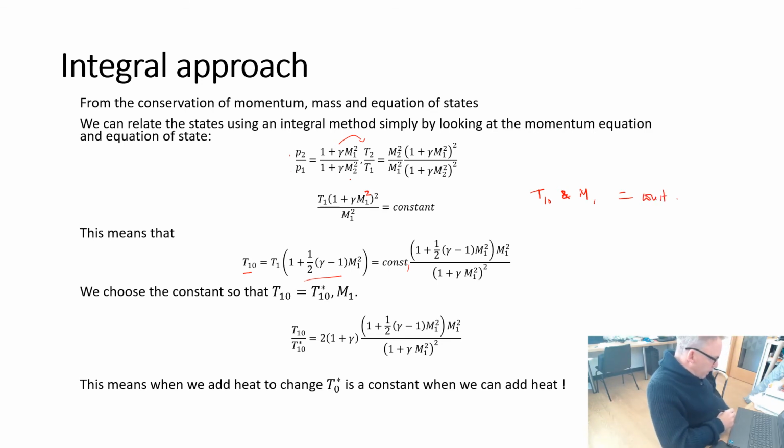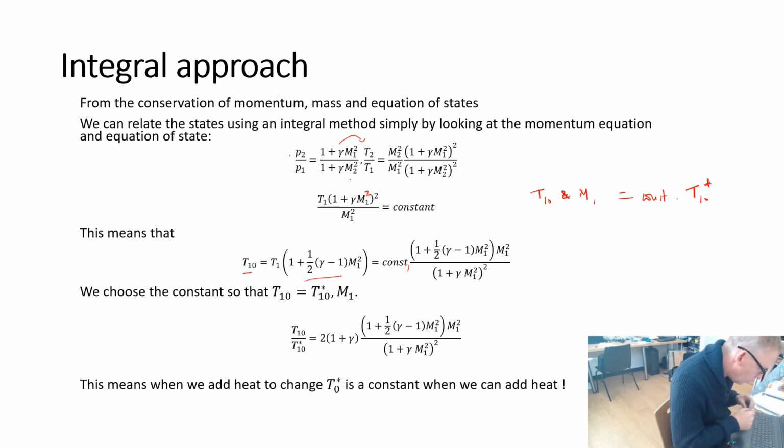And as we've done in the past, that constant, which we don't know, we can set to having a critical value when M1 equals 1. So we can set that constant to be an arbitrary critical stagnation temperature. What we're really saying is that when we add heat, those quantities are conserved.